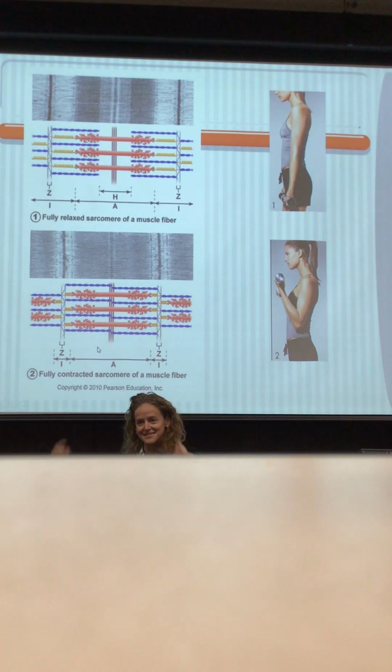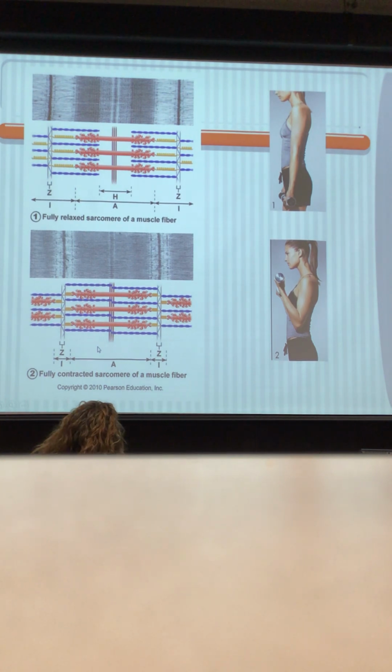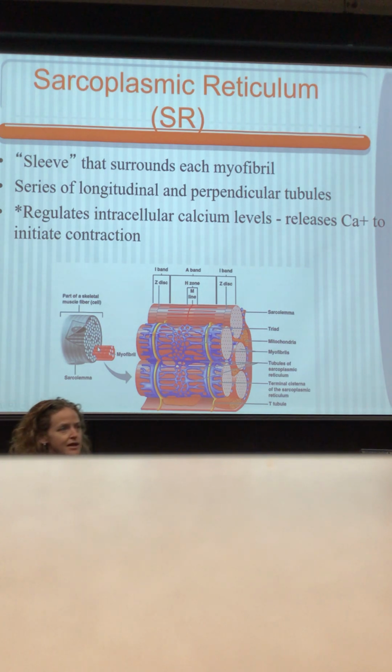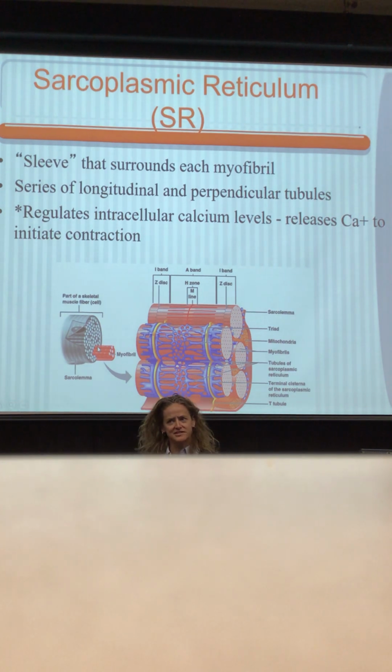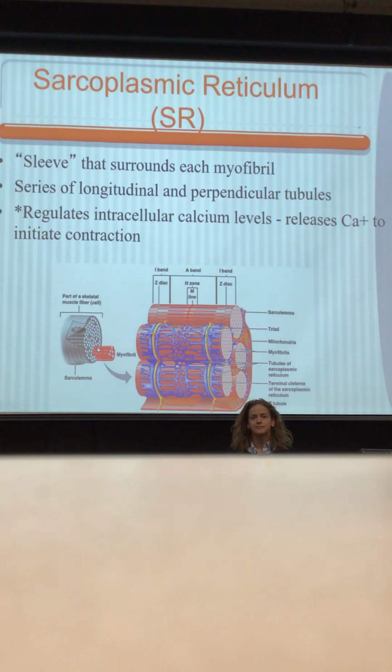Just trying to pause to let this sit. Okay. There's a couple extra pieces of anatomy, and then we're going to be done with the anatomy. So check it out. There's this sleeve over the myofibril called the sarcoplasmic reticulum.